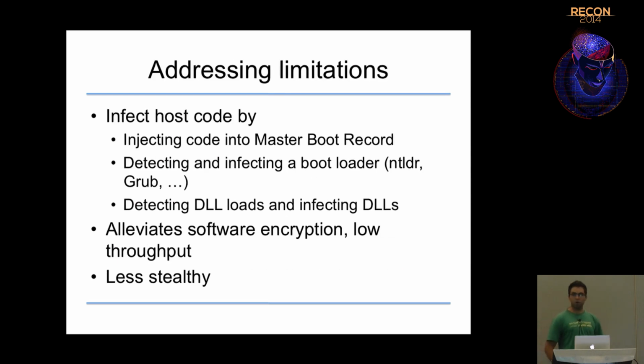You could get around those limitations by infecting the operating system that is running on the host. This can be done by injecting code, for example, in the master boot record, or by identifying when a bootloader is loaded, like NT LDR or GRUB, and then infecting this code. Or by detecting dynamic link library loads and infecting dynamic libraries.